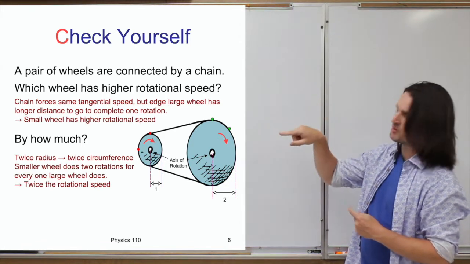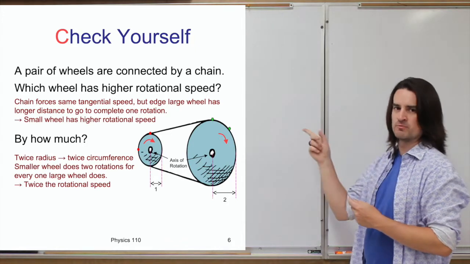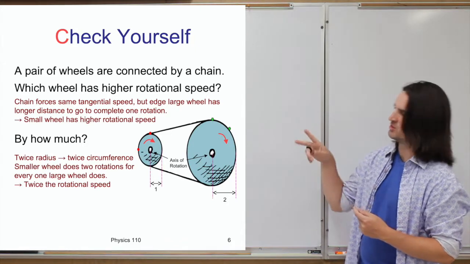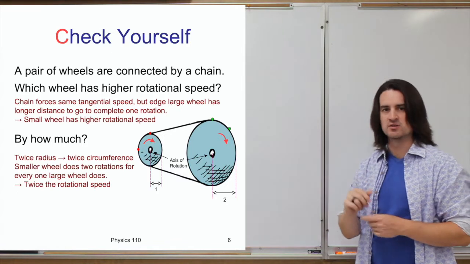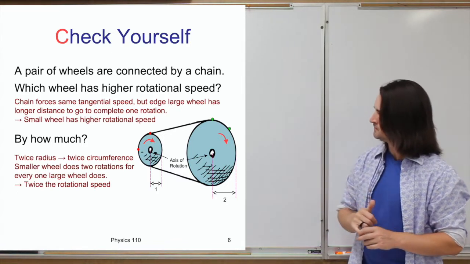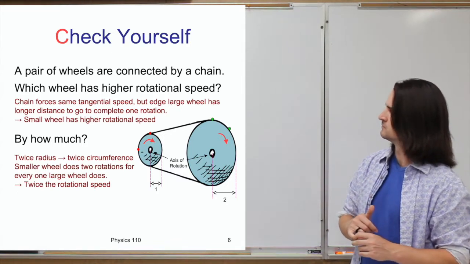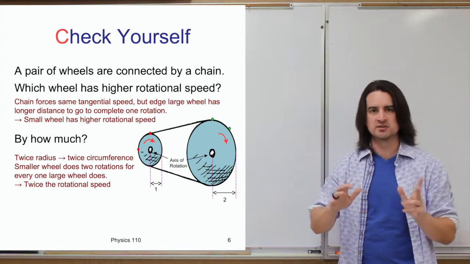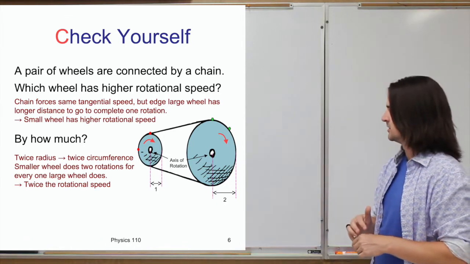So the smaller wheel makes two rotations for every one rotation the large wheel makes. Another way of saying that is it has twice the rotational speed. So kind of tricky, you have to think about this a bit.